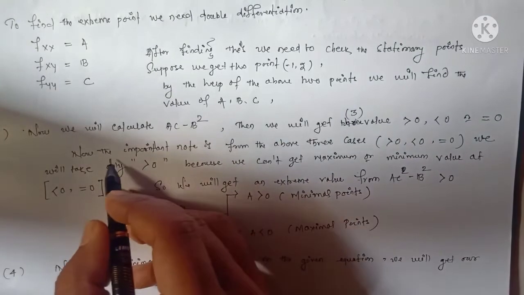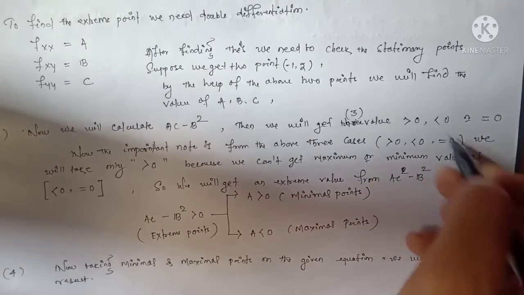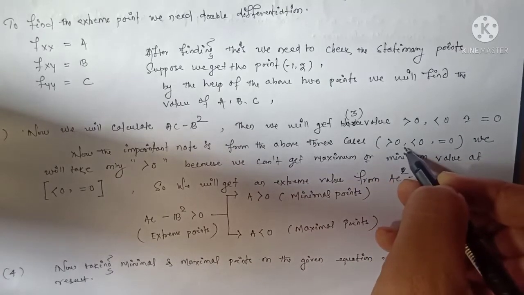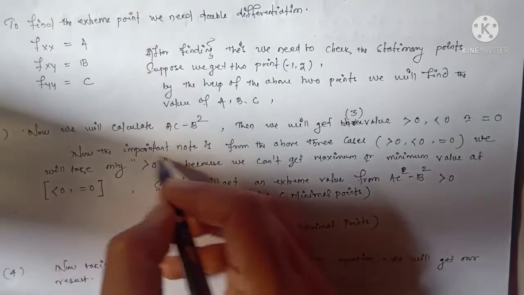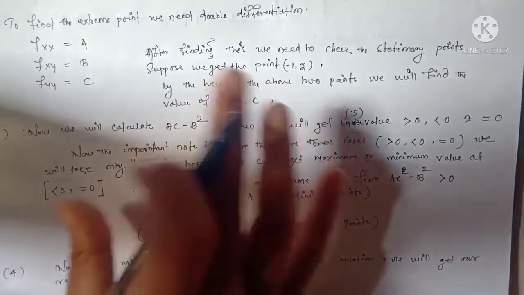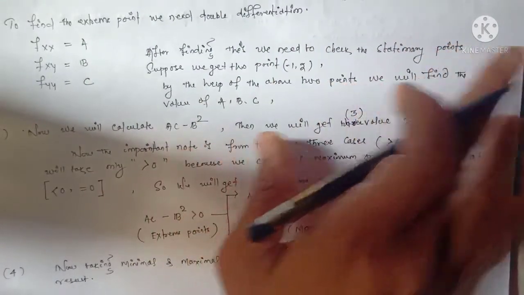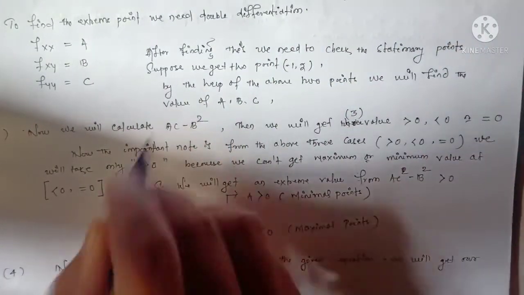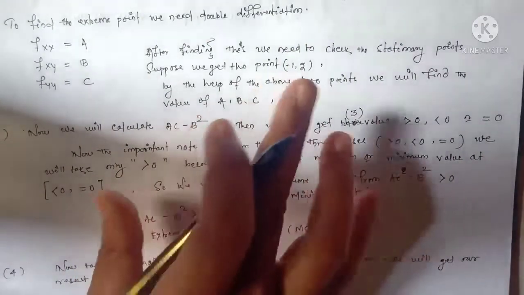The important note is that from these three cases, we will take only greater than 0, because the value should be positive. It should not be negative or zero, it must be positive.